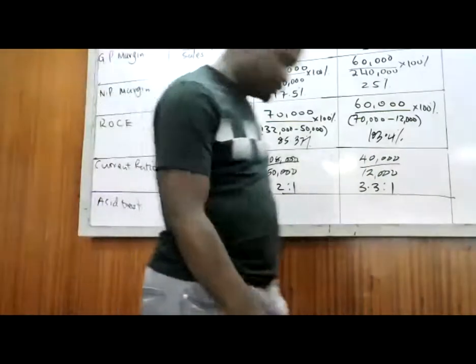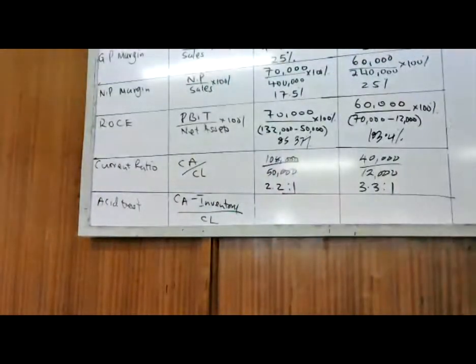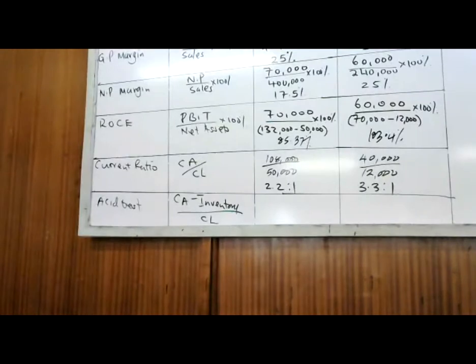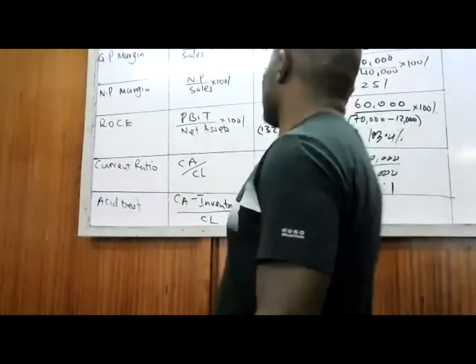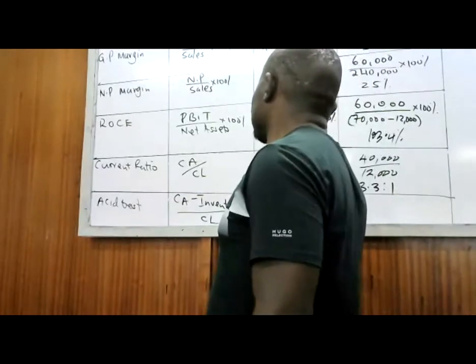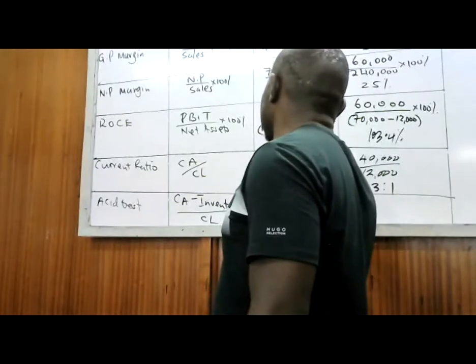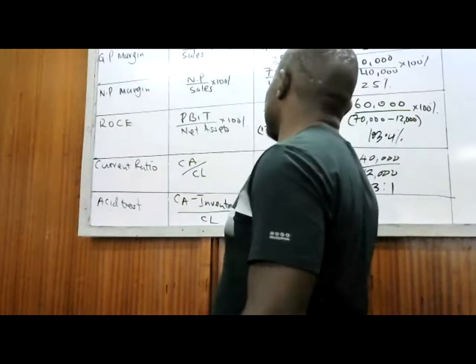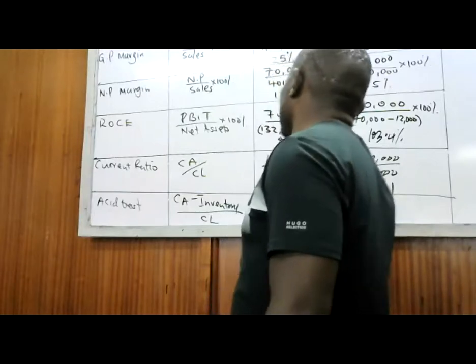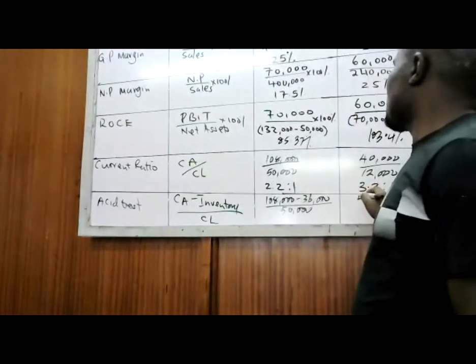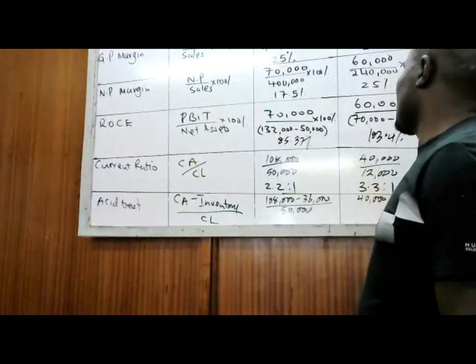So current assets was 108, inventory was 36,000. So minus 36. Current liabilities remains the same at 50. This one is 40. What was the inventory in 2019? 14.